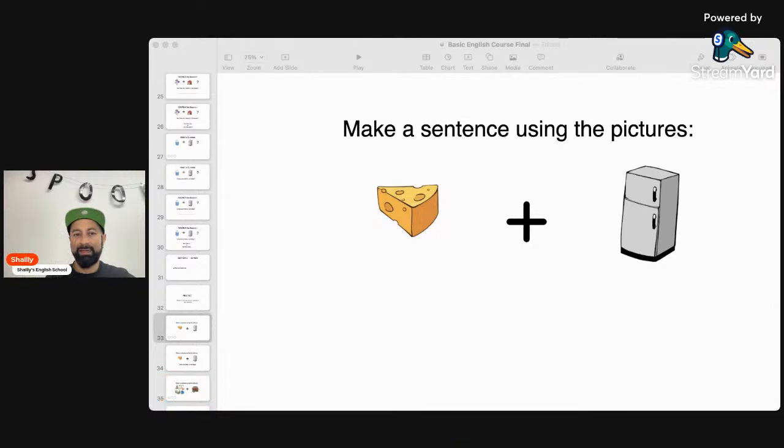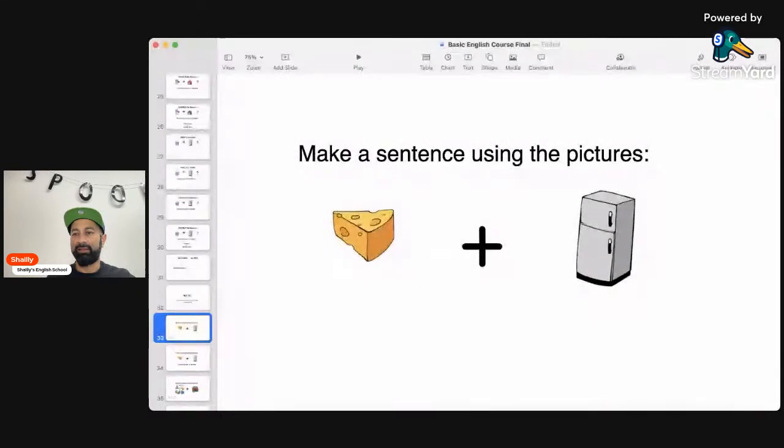So remember, you're going to be making here. We don't see a question mark, so we're not going to make a question here. Let's make that a little bit centered.